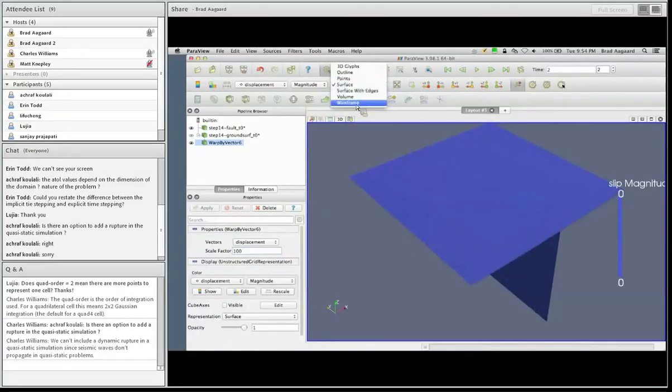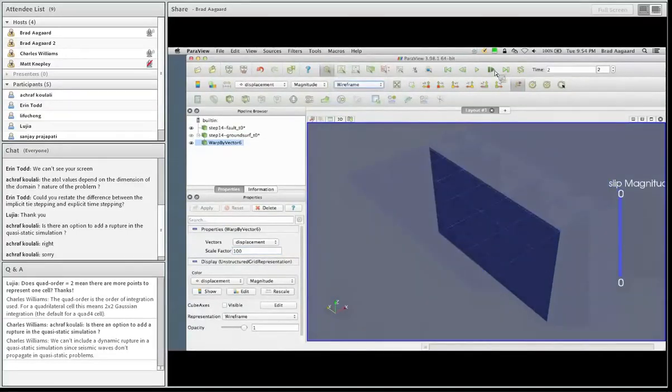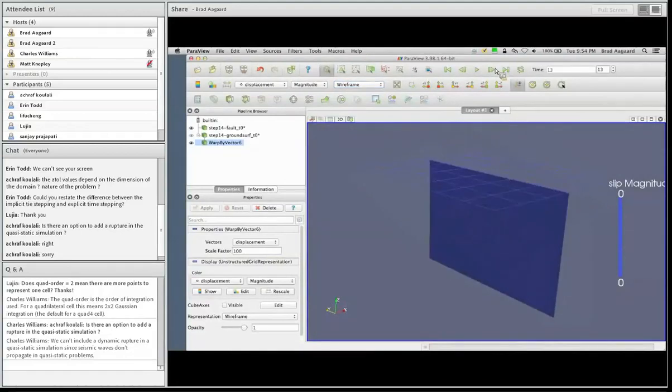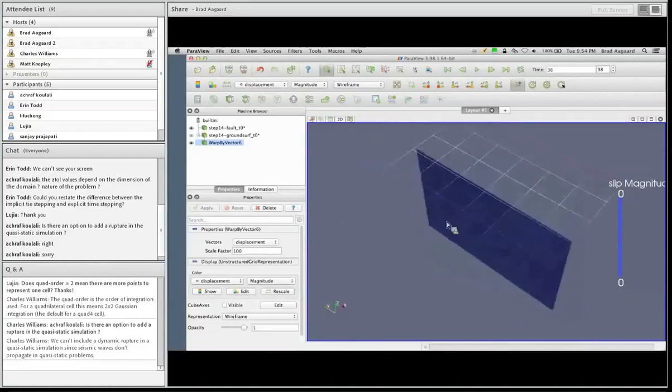Go back to a wireframe. Seeing deformation, don't see any slip yet. Oh, there is. So now our slip's starting.